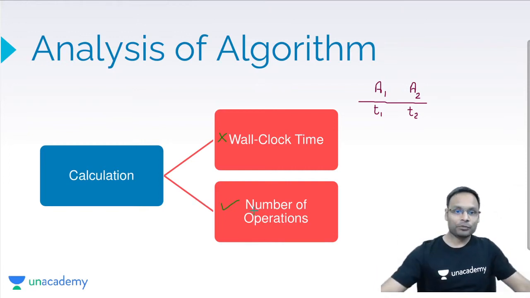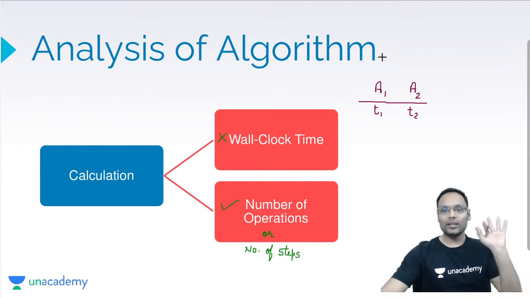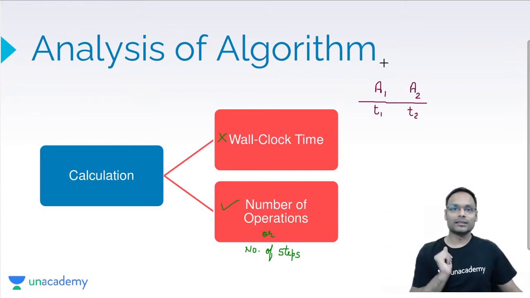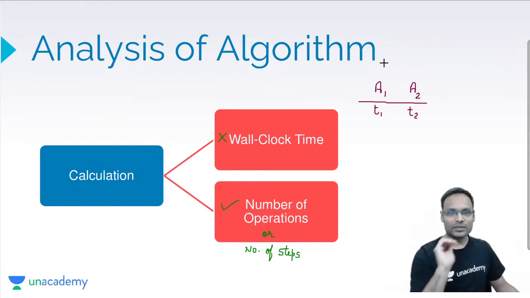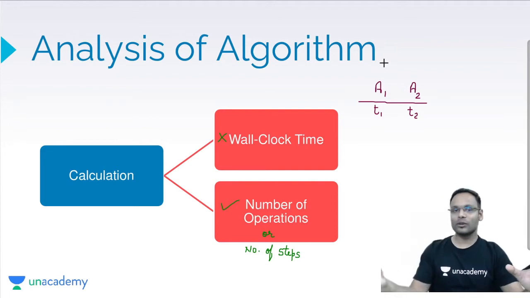Based on that, you will calculate how many operations or how many steps are performed to run the algorithm. Based on that, you give the answer that this algorithm is taking these many steps, this algorithm is taking these many steps. Okay, this algorithm is taking more, this algorithm is taking less.